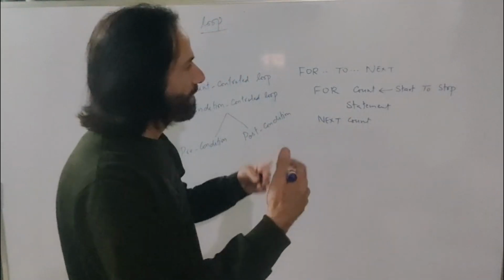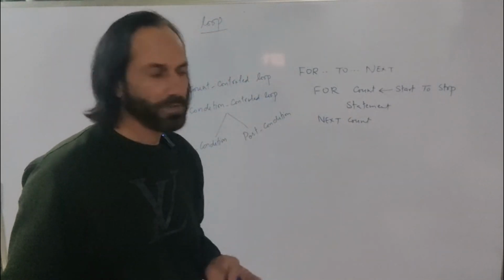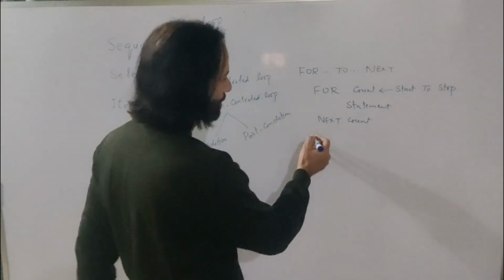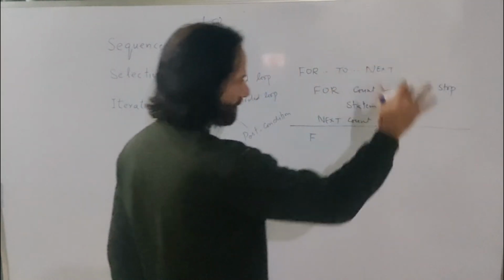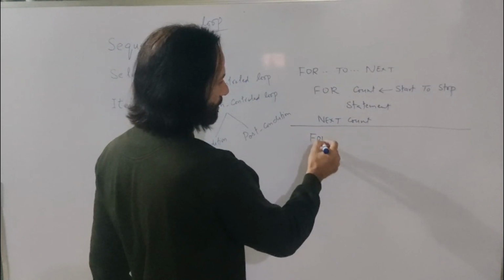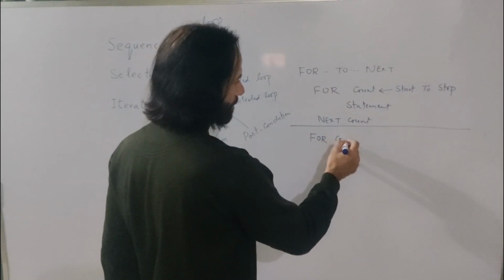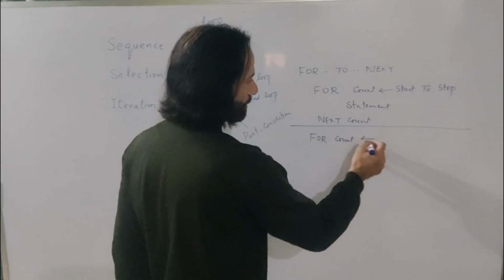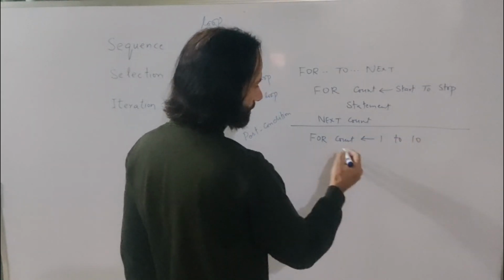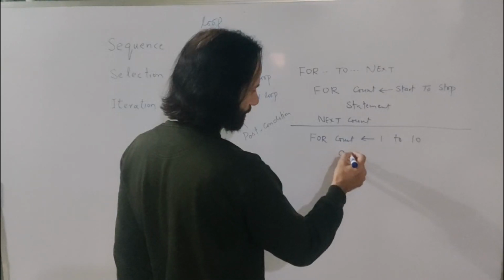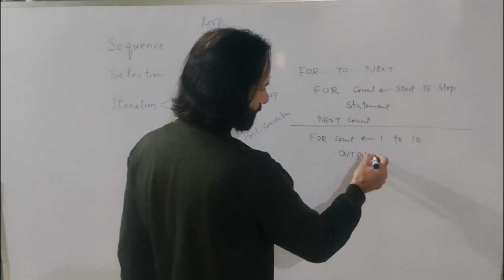Let's apply it with real data. That was the general format. Now: 1 to 10. What are we going to repeat?